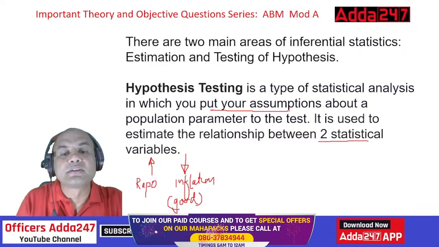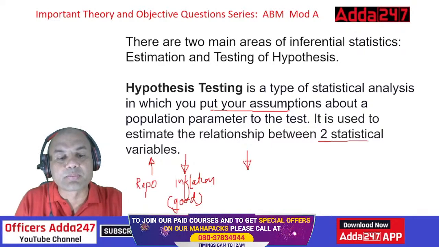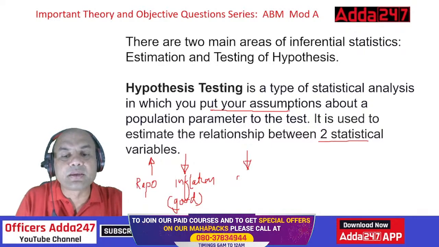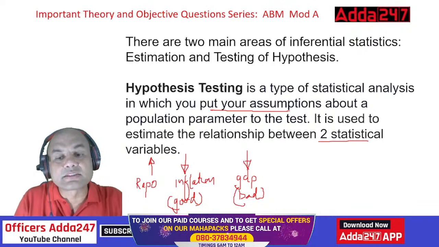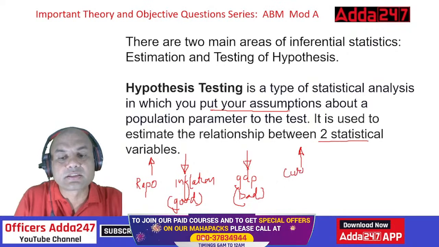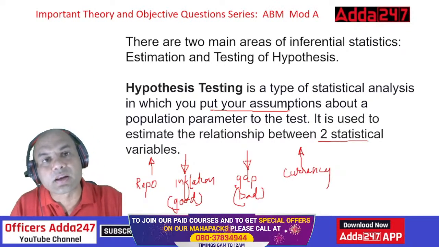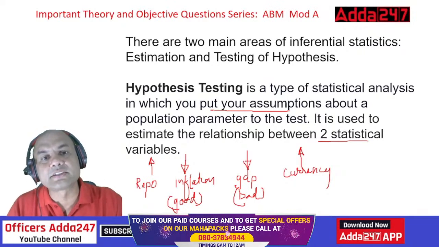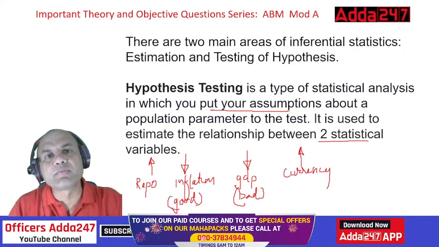Second, GDP goes down. Whenever the rate of interest goes up, repo goes up, GDP growth goes down. That is bad for the country, right? Then the currency rate. If tomorrow RBI increases the repo rate, say 3 or 4% more, the Indian rupee will be much stronger.